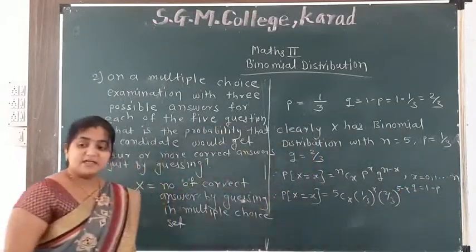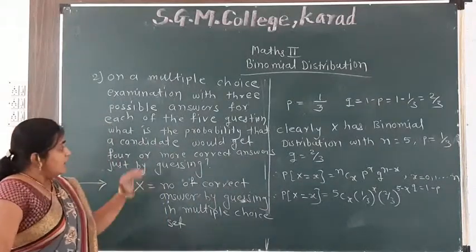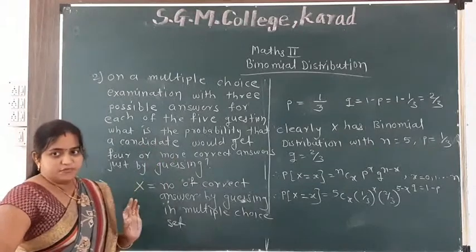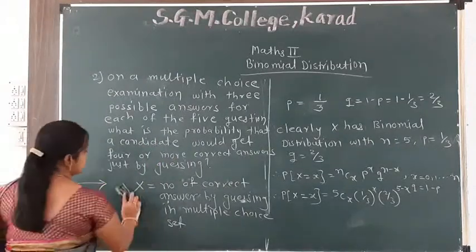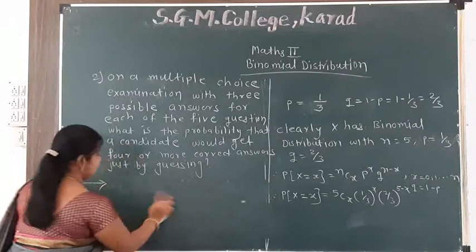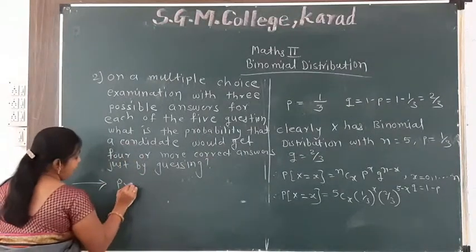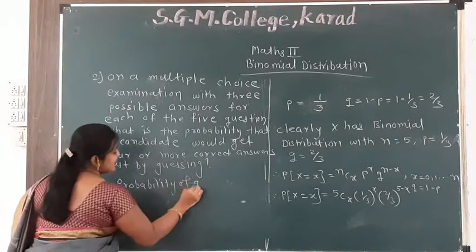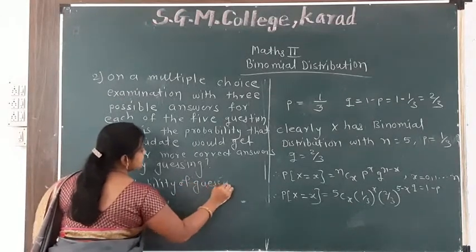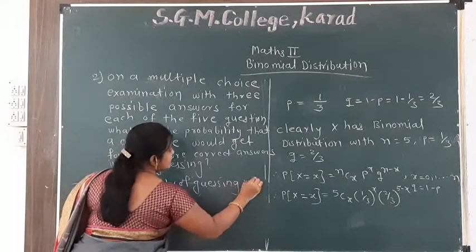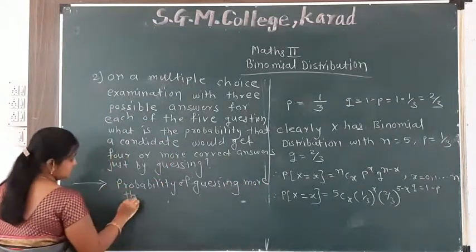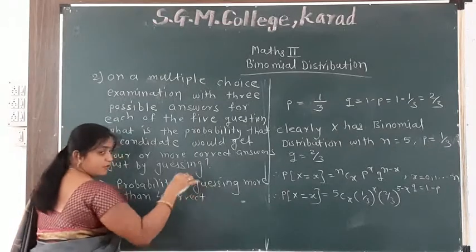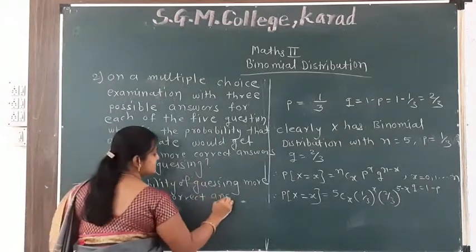Now we find the probability of guessing 4 or more correct answers.